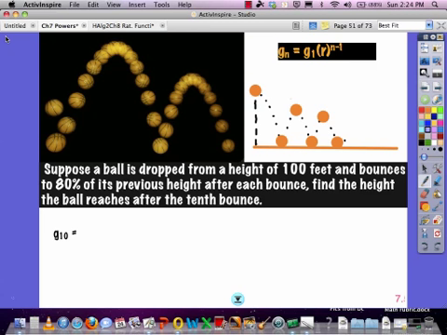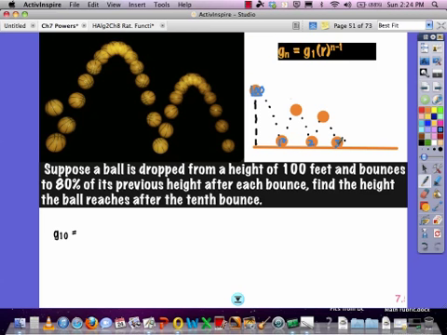So obviously this ball is going to keep bouncing. Now I want you to look. When we started, we knew that this height was 100. And it bounces to 80% of its previous height. So right now it has not bounced when it's sitting here at 100. But here is the first bounce. Here is the second bounce, third bounce, and so on, and we need to do that for 10 times.